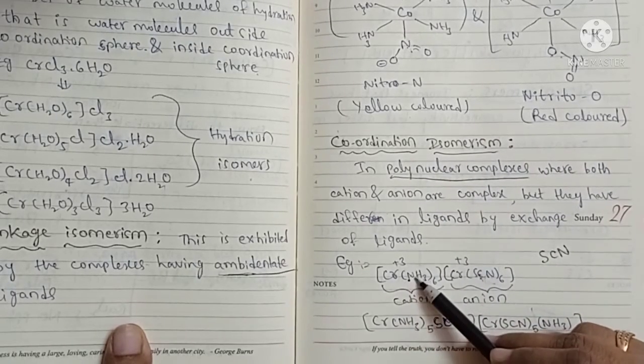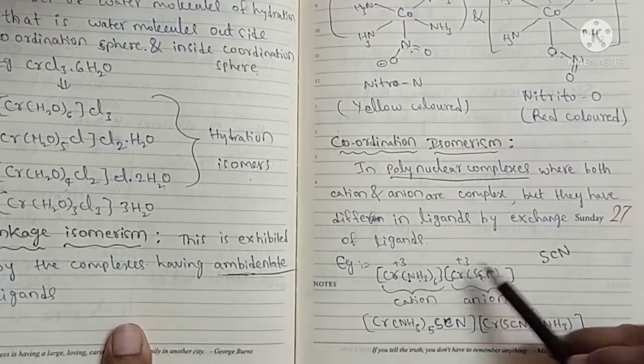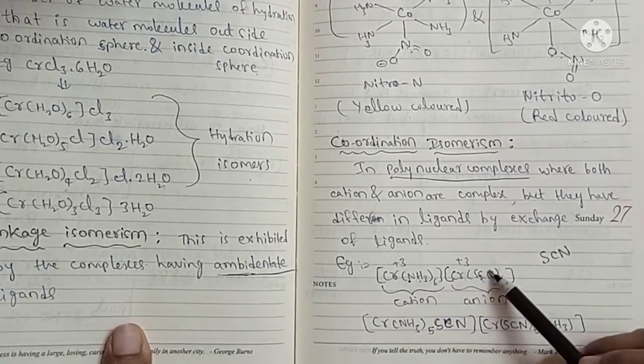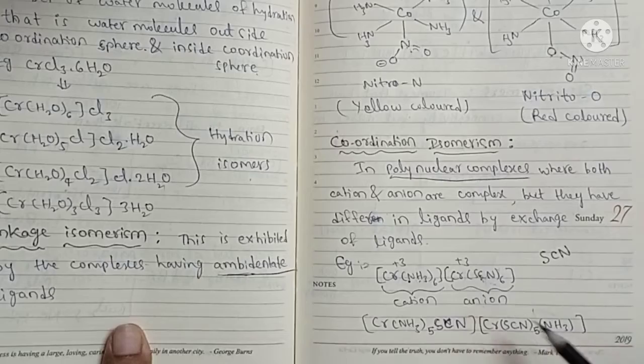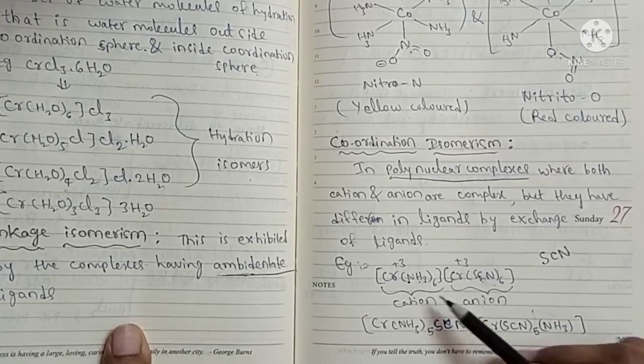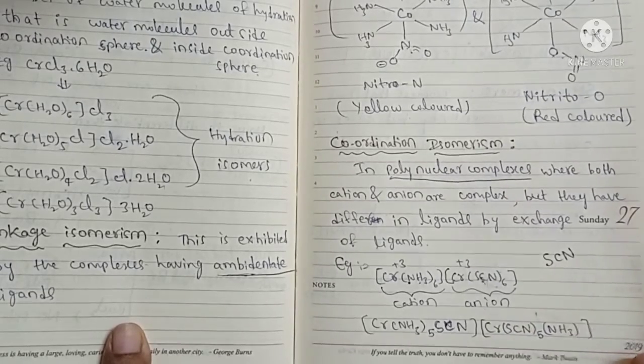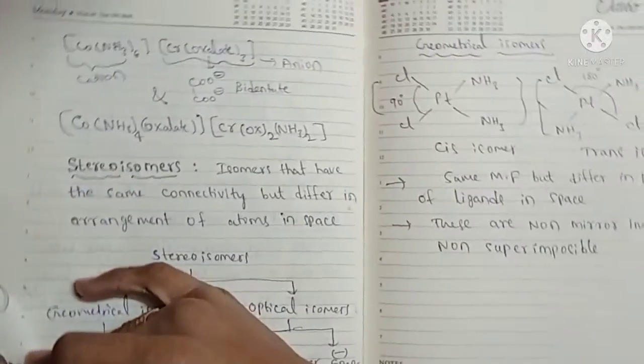But if we exchange these ligands, taking 5 ammonia and 1 SCN here, and 5 SCN and 1 ammonia there, this isomer is formed by exchange of ligands. That is called coordination isomerism.